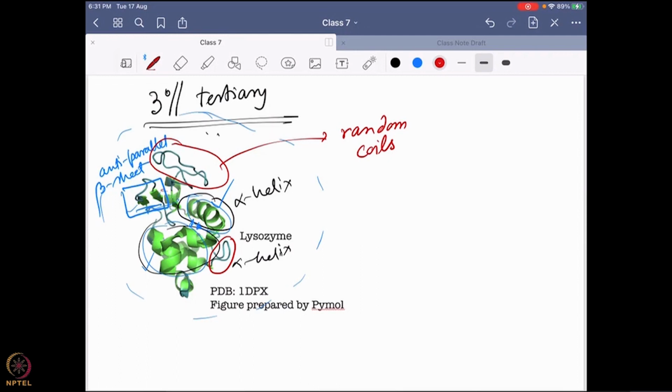Because if everything is alpha helix and beta sheet, you are going to create a polymer without much flexibility. But as you know, proteins are much more flexible. That means you need some portion which doesn't have a very robust structure, where the structure can be malleable into different forms. And that is why these random coil structures are also very critical. So that is what the tertiary structure is known as.